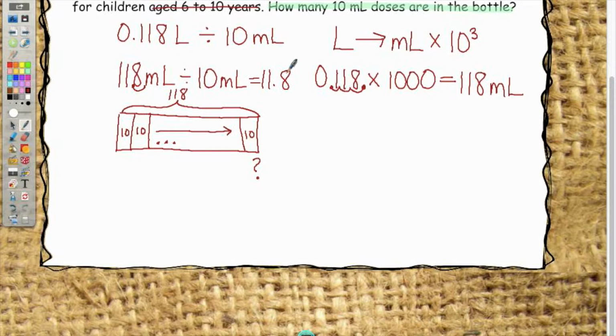Okay. So 11 and 8/10. Let's change it to a fraction. So 11 and 8/10. Do I need to simplify that? Yes? Divide by 2. Are you writing this? So 11 and 4/5 doses are in that bottle.